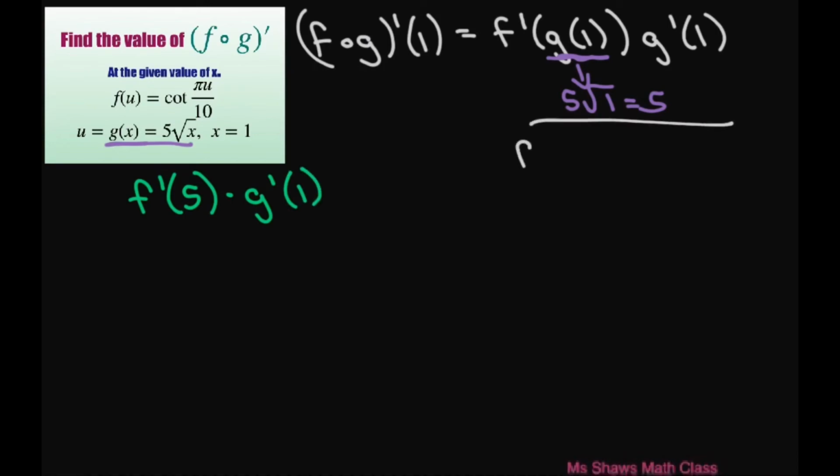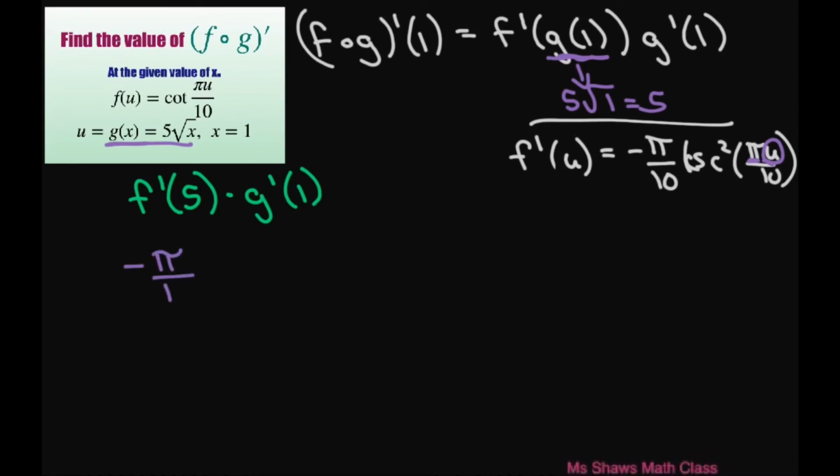So f prime of u, or at 5, let's just put u for now, equals, that was negative pi divided by 10 times cosecant squared of pi times u divided by 10. So when you substitute in 5 for this u, you're going to get negative pi divided by 10 times cosecant squared.